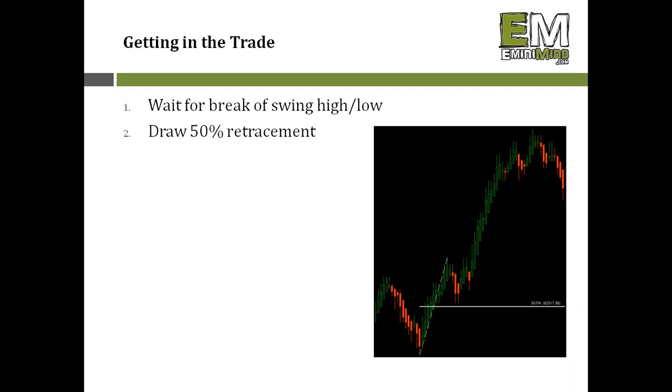But there's a lot that's built in as well with just human behavior, the fear and the greed that also come into play with trading retracements. So, drawing up that 50% retracement, placing your order at the 50, and looking for that trend to resume.